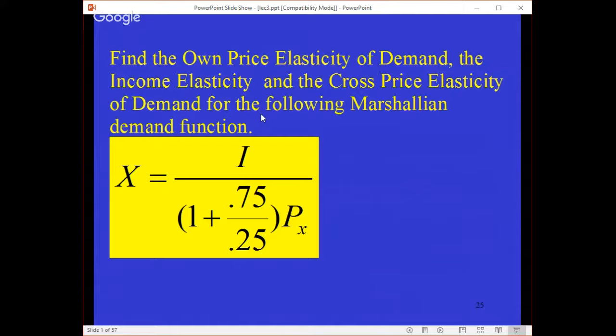Note that the only two variables that affect X here are income and the price of X. I don't have another variable out there, PY or PJ, that affects my demand for X. Why do I have this?